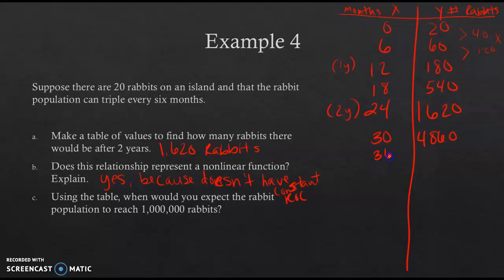Then at 36 months, we do 4,860 times 3, which is 14,580. Then times 3 again, and we end up with 43,740.